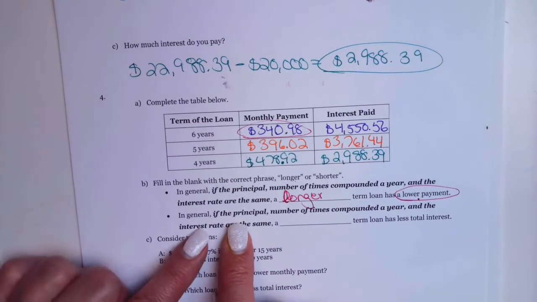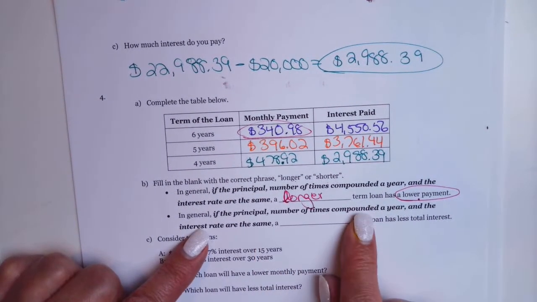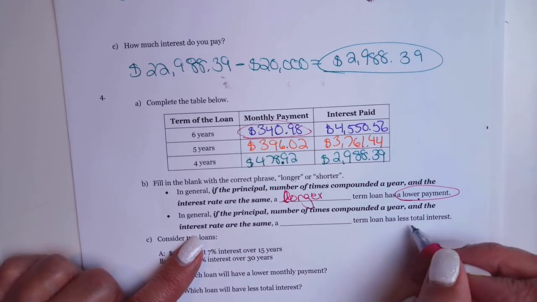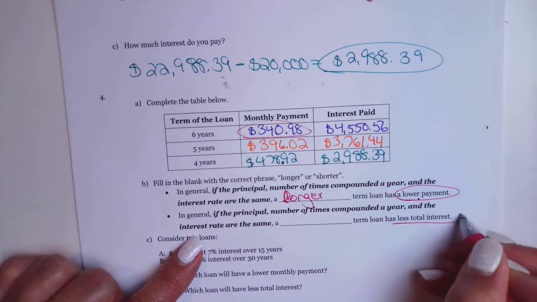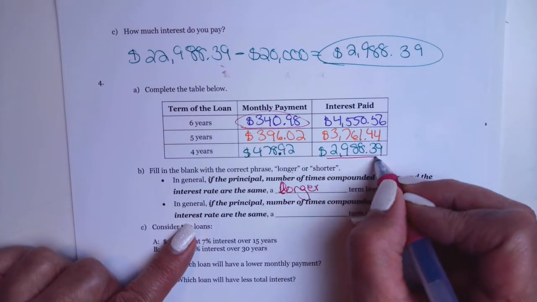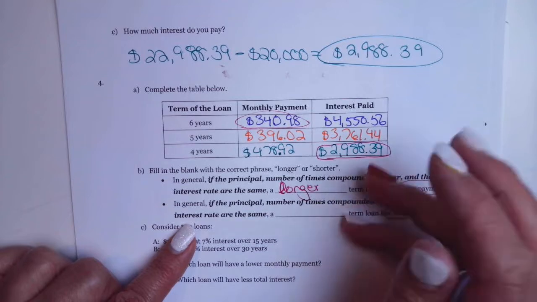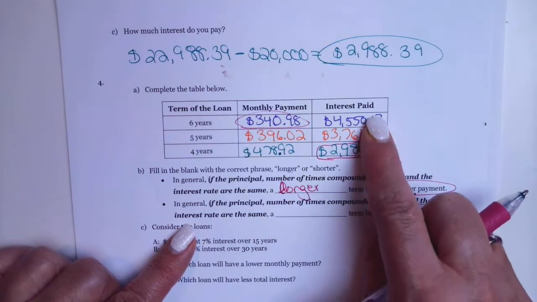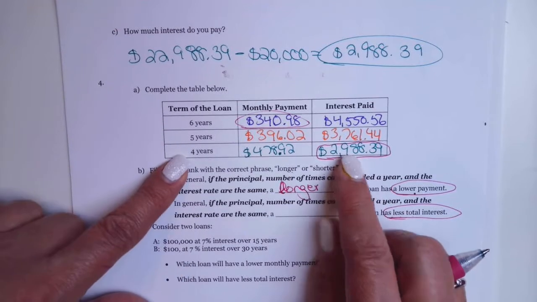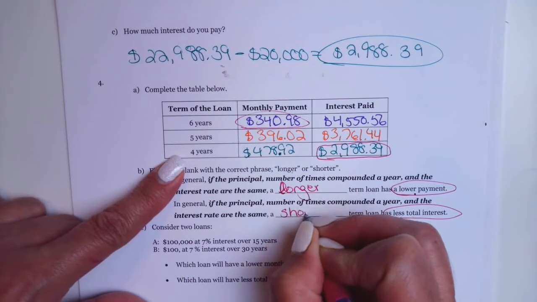In general, if the principal, number of times compounded a year, and the interest rate are the same, which term loan has less total interest? Less total interest would be this one here because it's less than these two. So that would be the shorter term loan.